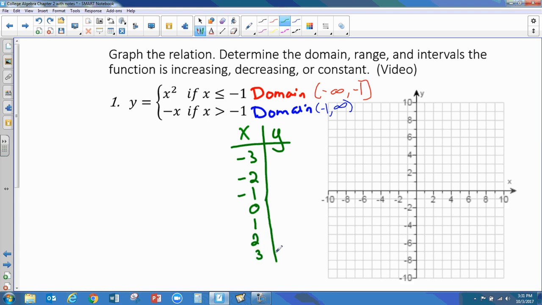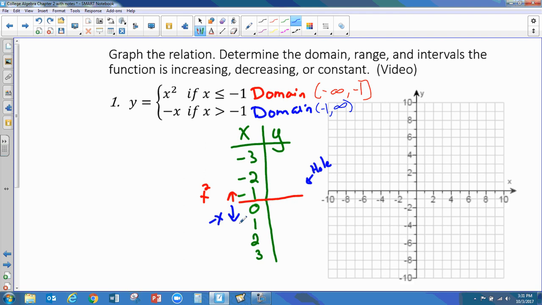So I've got stuff going on both sides of the domain, from negative infinity to -1, and from -1, and so on. So I see that these values right here are in this part of the domain, the x squared part. And from here down, it's in this other domain, negative x, but there's a hole right at -1.